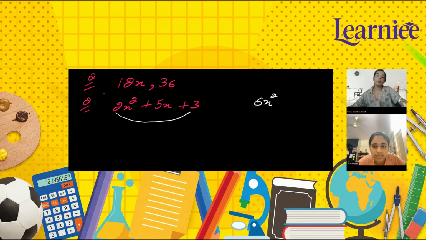Now we have to split in such a way that when you multiply, you should get 6x square, and if you do plus or minus, depending on the factors, we should get 5x.